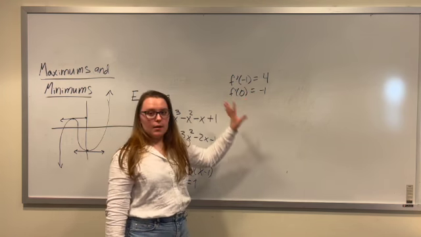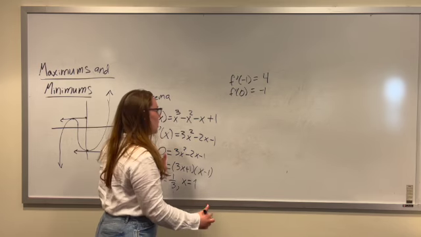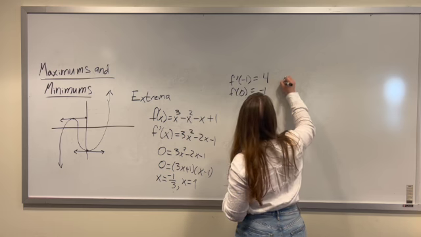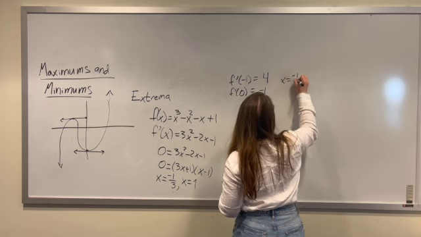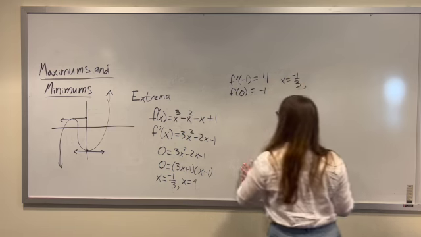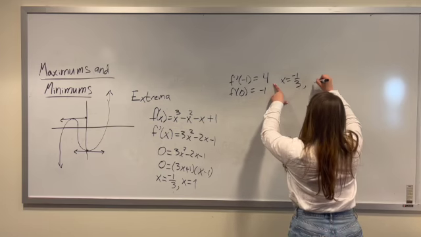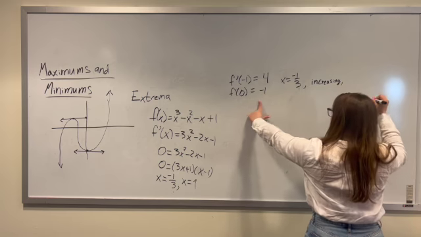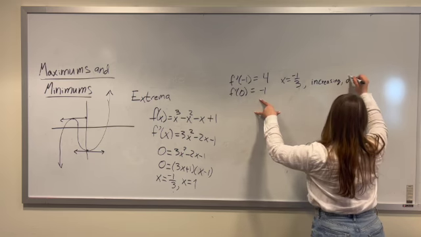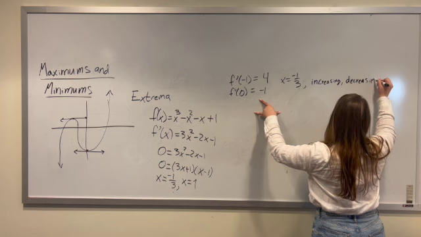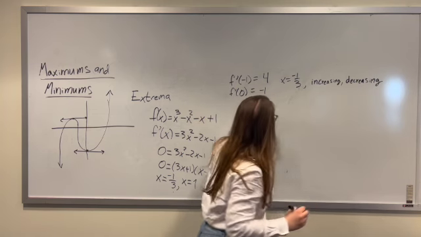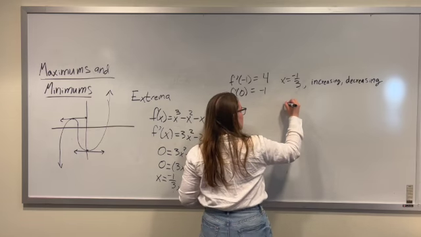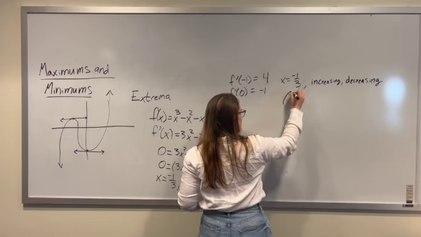So we see that for x equal to negative 1/3, before it the function is increasing, and then after this point, the function is decreasing, which means that the slope is positive and then it's negative. Therefore, the function looks something like that, so it's a maximum.